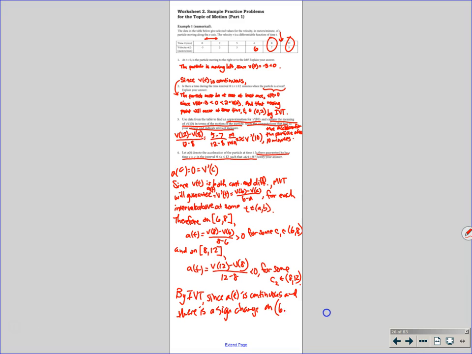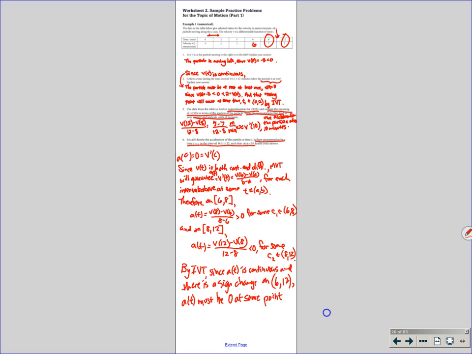On 6 to 12, somewhere in there, A of t must be 0 at some point within that interval.